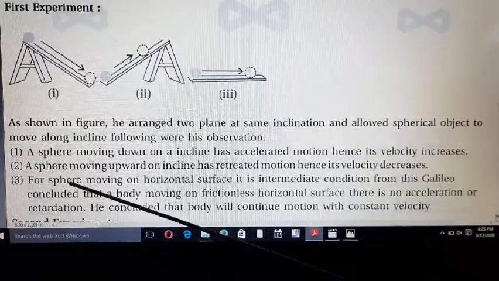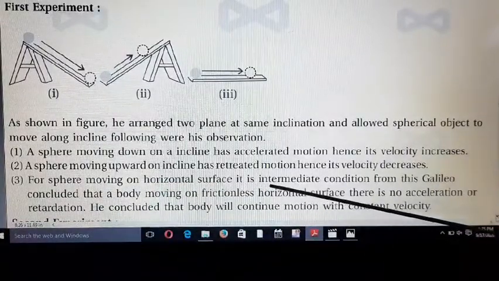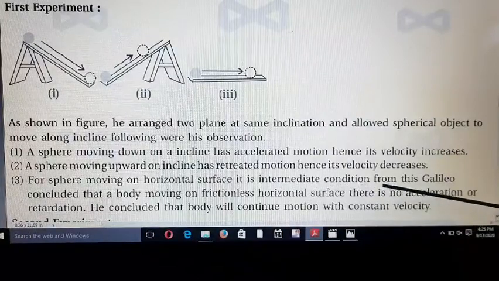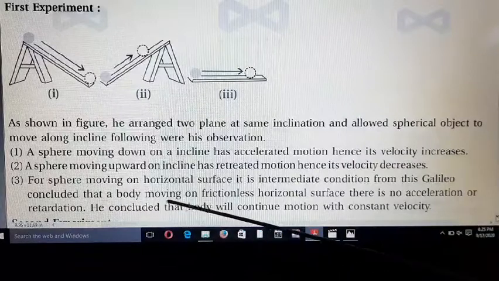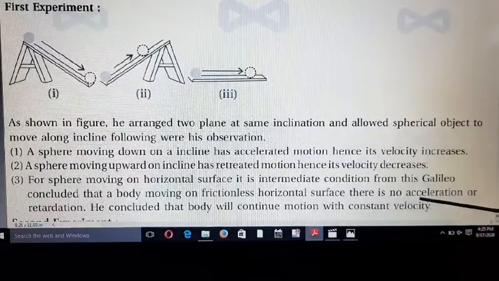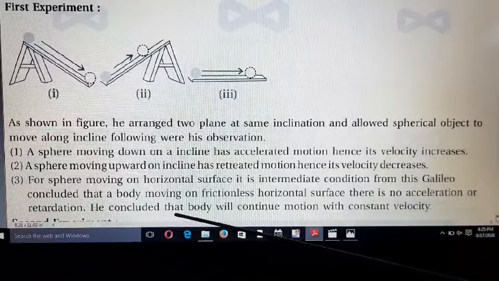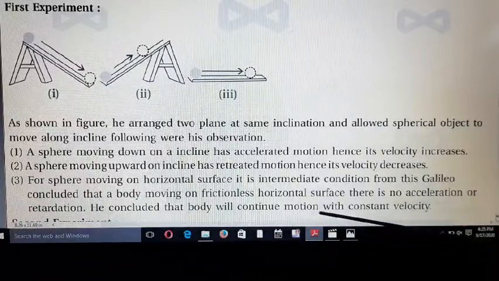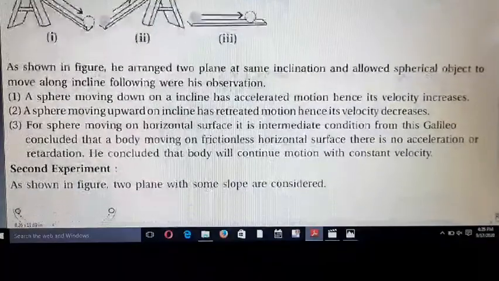For a sphere moving on a horizontal surface, it is an intermediate condition. From this Galileo concluded that for a body moving on a frictionless horizontal surface there is no acceleration or retardation, hence the body will continue its motion with constant velocity. But in reality it is not possible. This is the ideal condition we assume here.